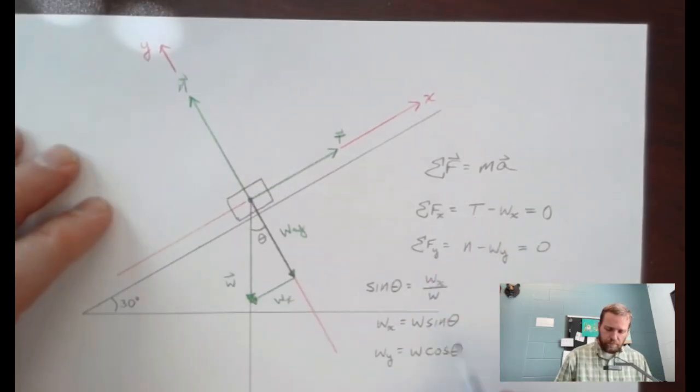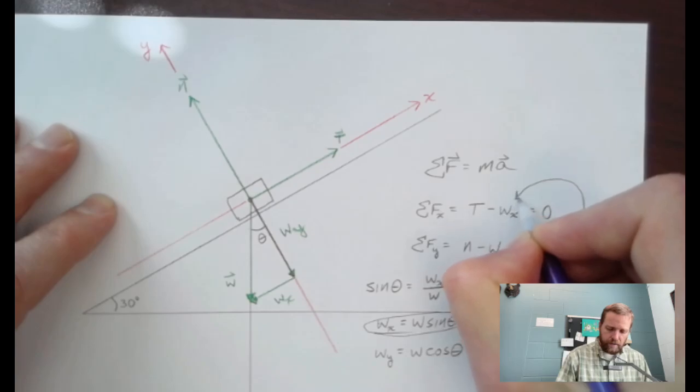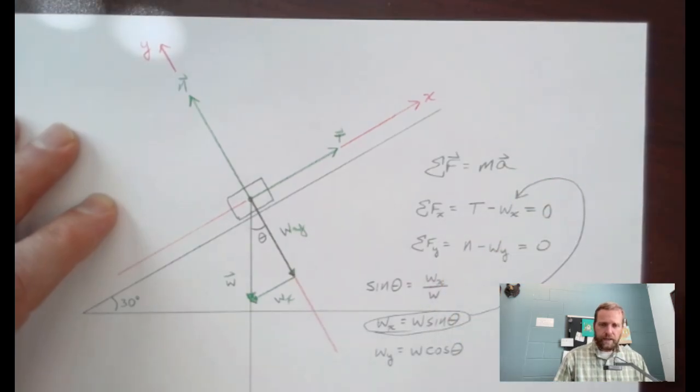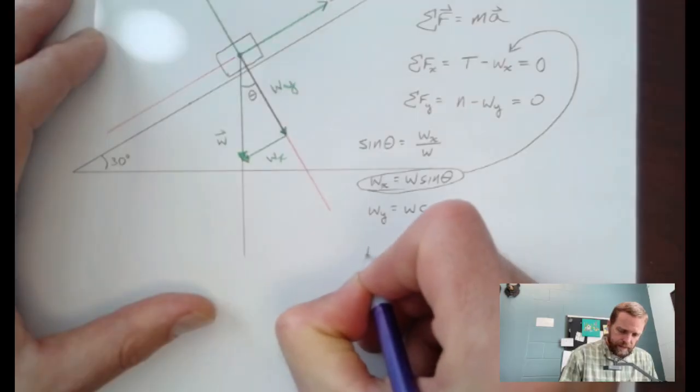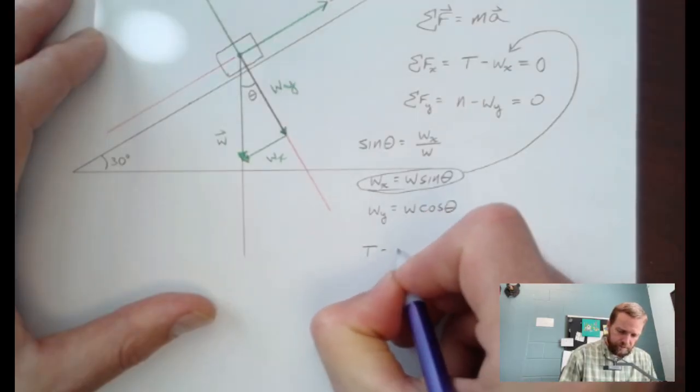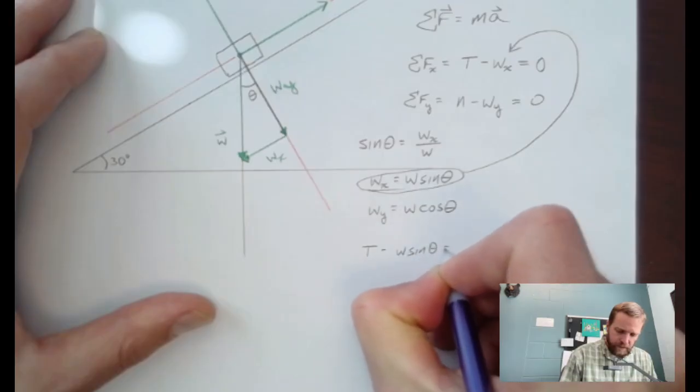So we're going to plug this in right here. And for this particular problem, we don't need to worry about the y direction because we don't need any information from it. But when I do that, I get T minus W times the sine of theta equals 0.